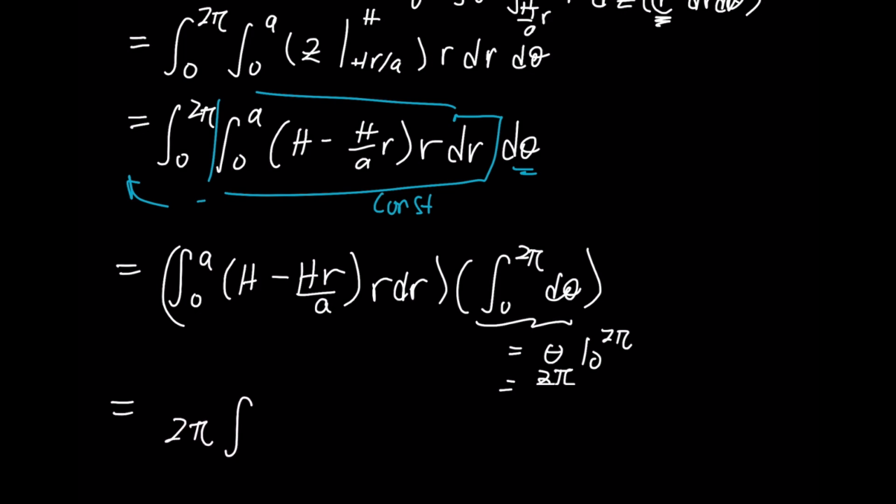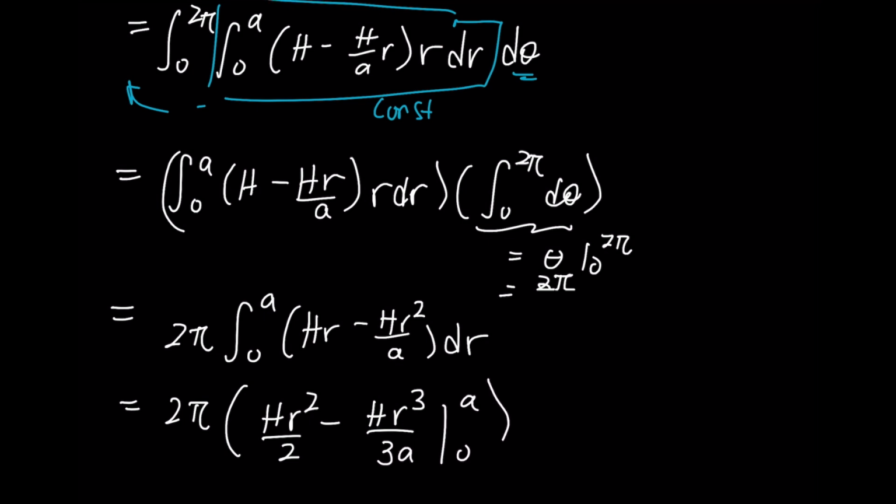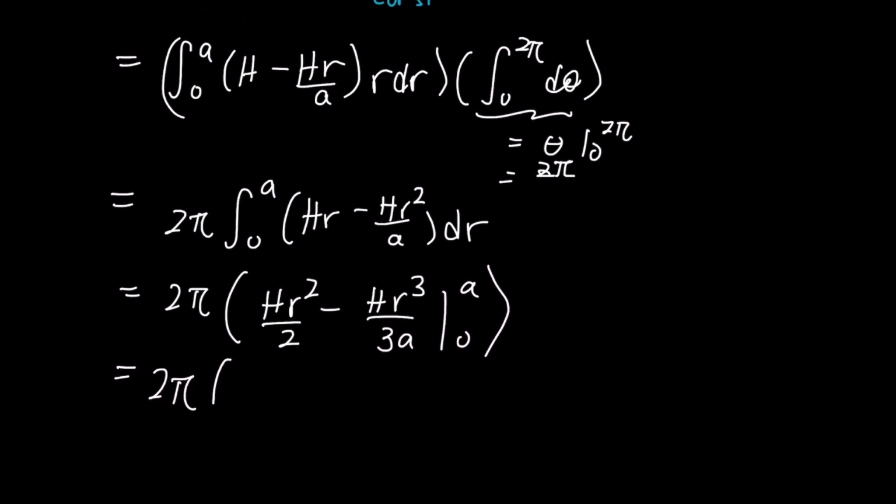This, if we expand out, we'll get an hr minus an hr squared over a, dr. This will give us hr squared over 2 minus hr cubed over 3a, evaluated from 0 to a. This will be ha squared over 2 minus ha cubed over 3a. One of these a's will go away.